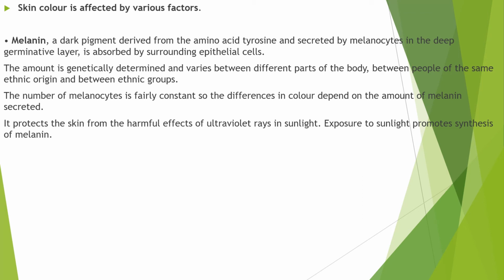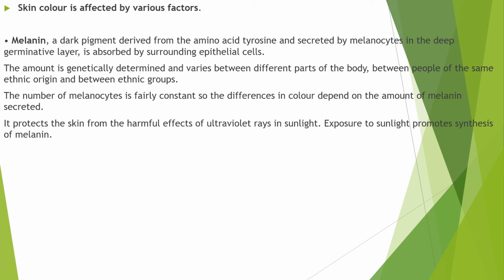The first factor, number one, is melanin. What is melanin? Melanin is a dark pigment derived from the amino acid called tyrosine. It is secreted by melanocytes, which are found in the basal layer or the germinative layer.